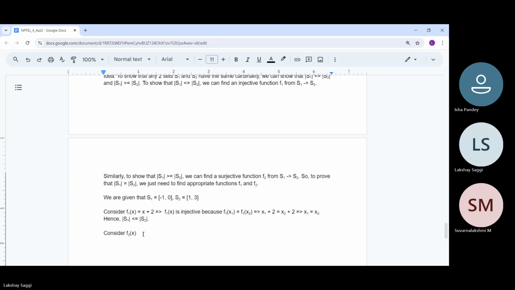So here what I claim is, if I take the function 3 by 2 times x plus 3, does this give us something? Okay, it does not give us the.